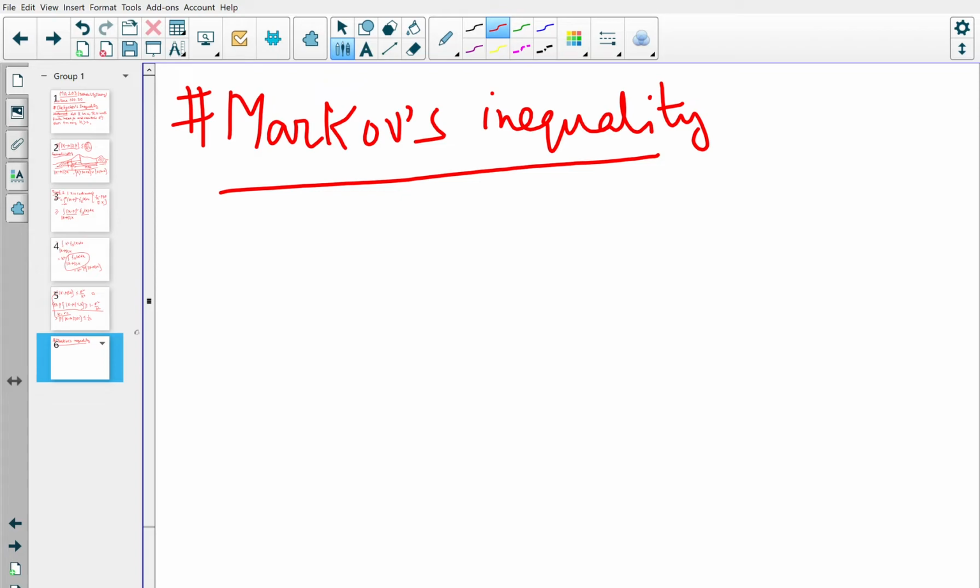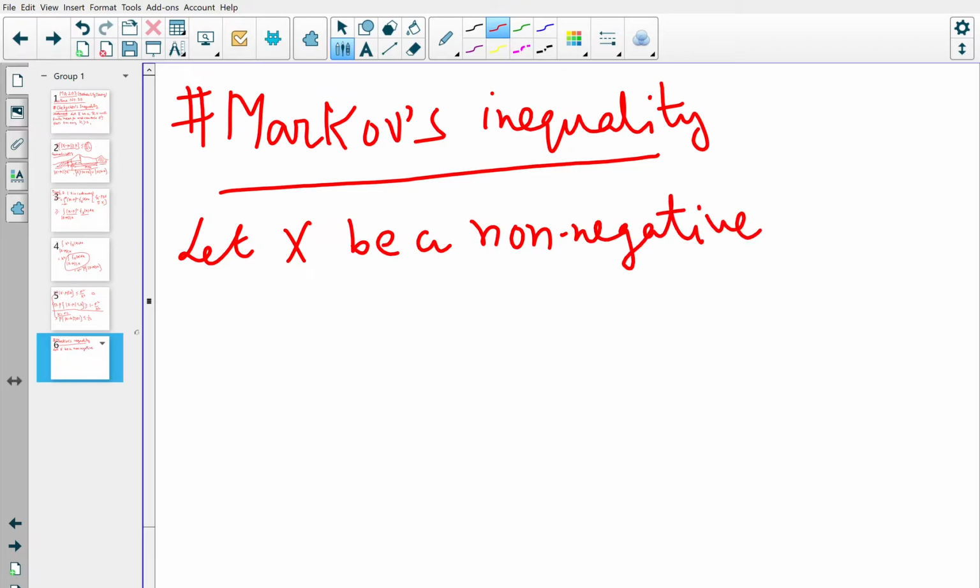So Markov inequality tells that, let X be a non-negative random variable. You know the meaning of non-negative: it takes only non-negative values. And you choose some real number k greater than 0.